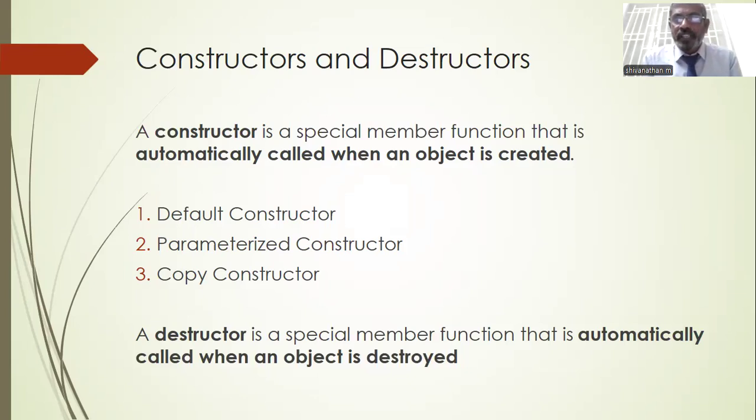An object is destroyed exactly when your program ends. So prior to an object getting destroyed, some housekeeping may have to be done, for example, closing files. Open files must be closed. Closing web sockets. If web sockets are not closed, what would happen? There may be a threat of intruders.